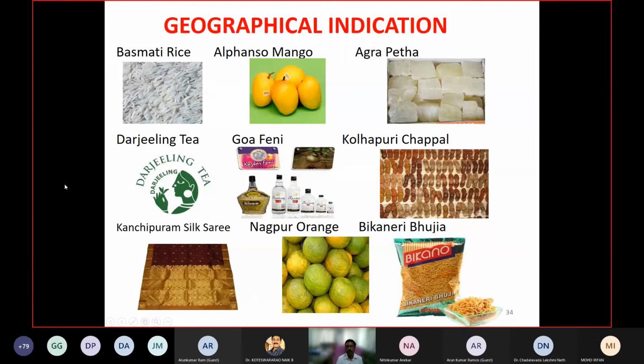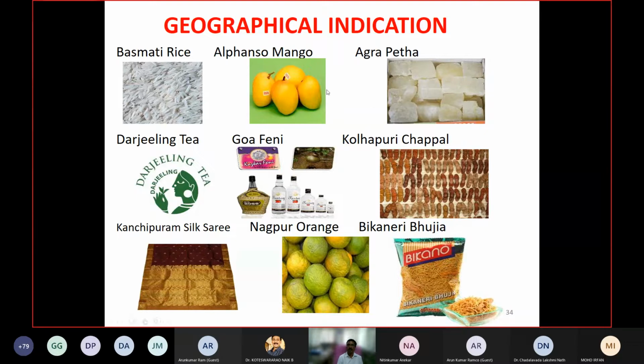So you see, given many examples, basmati rice. India got a geographical registration and Pakistan got a geographical registration. Both are fighting in the European Union's IPR office over who will get the geographical indication registration for this.